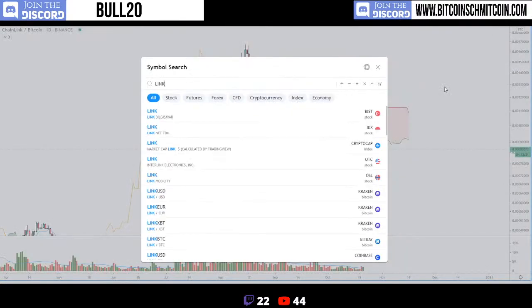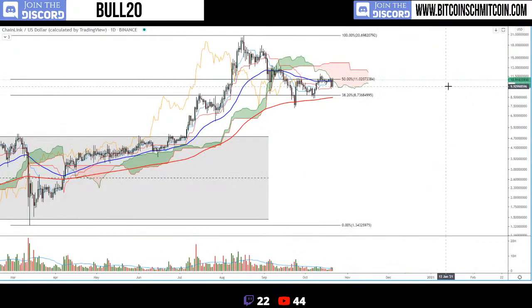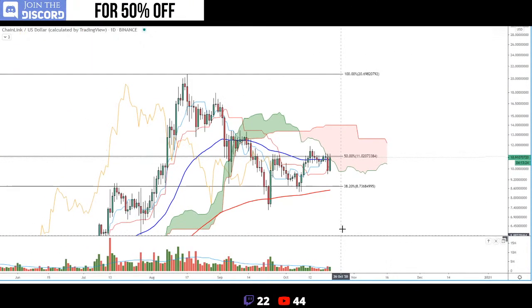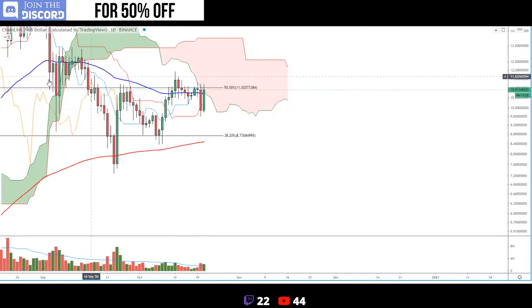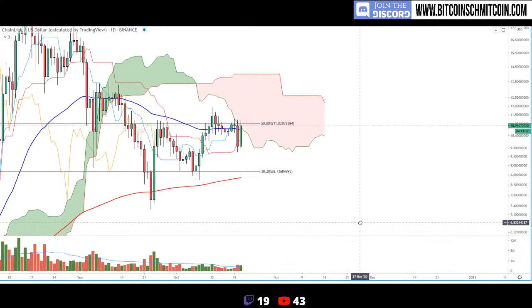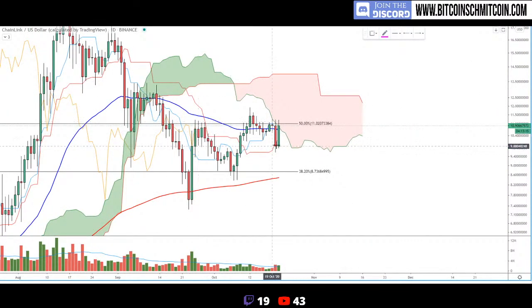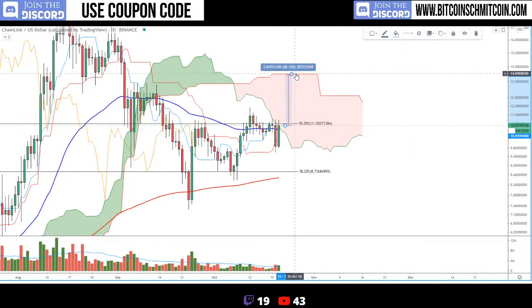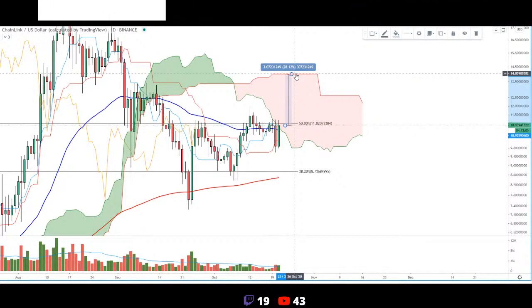When we look at Link USD, it's already starting to do that. It's flirting with a cloud penetration, and we see it sitting right inside the cloud. And if you know anything about cloud setups, once a candle closes inside the cloud, it has a very high chance of traveling to the upside, which for us doesn't look very far, but if we close right around here, it's a 28% move to the upside.